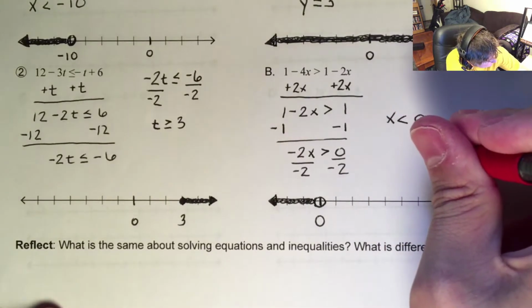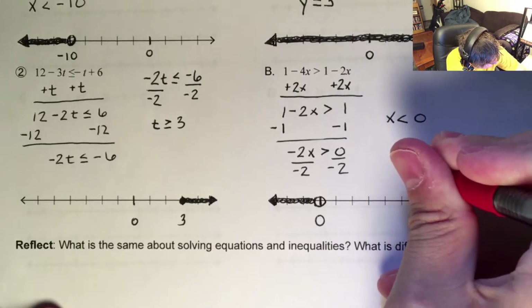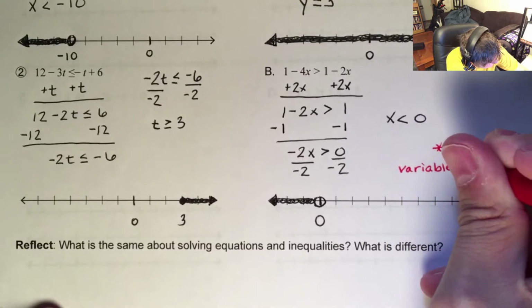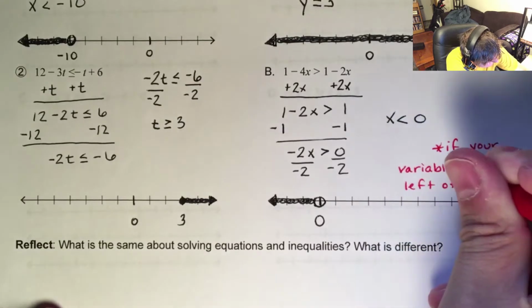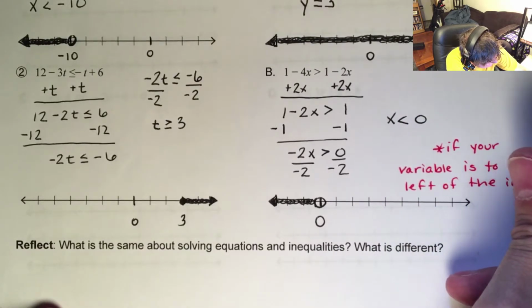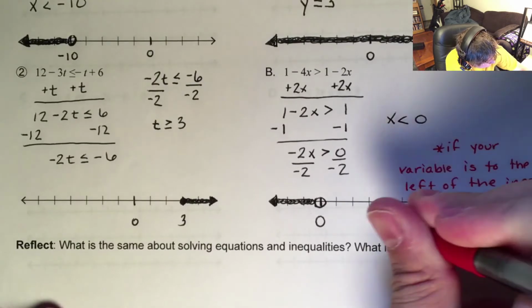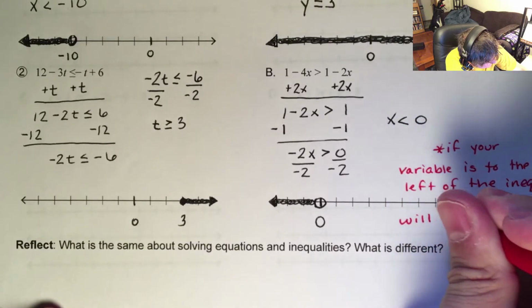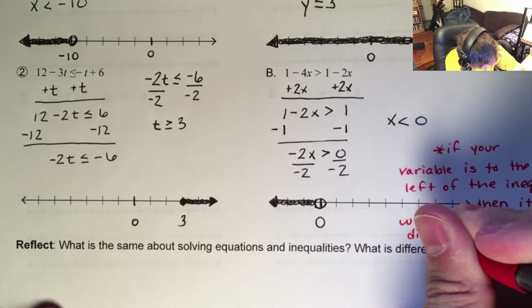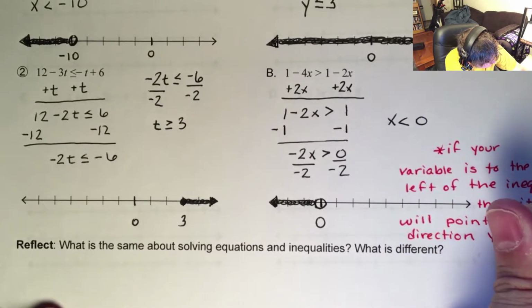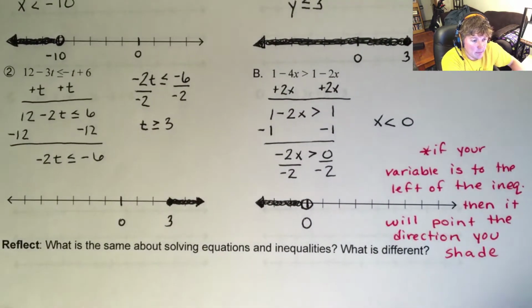So if your variable is to the left of the inequality, then it will point the direction you shade.